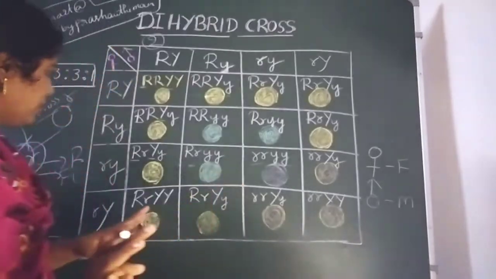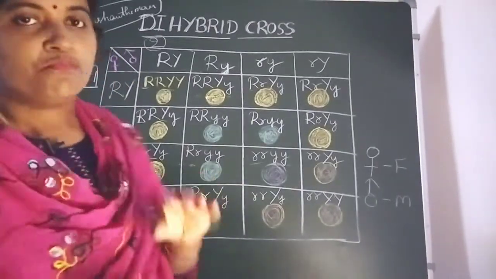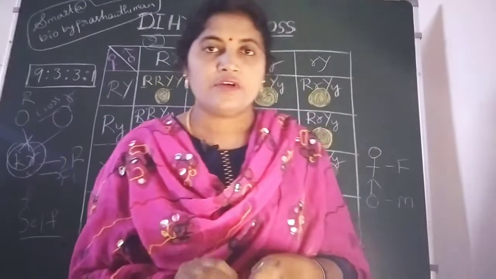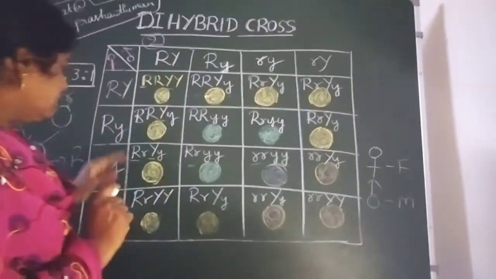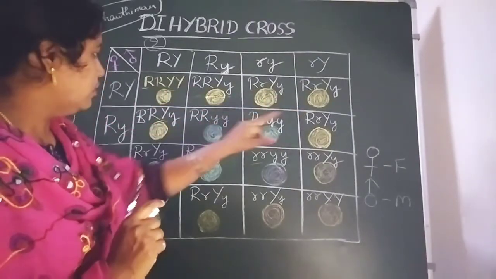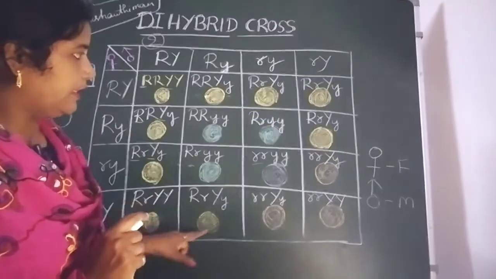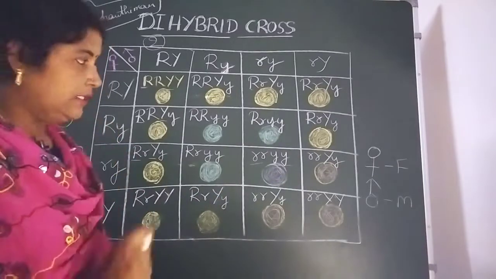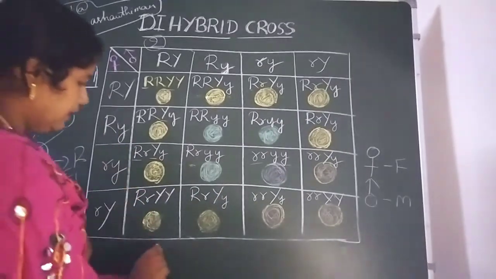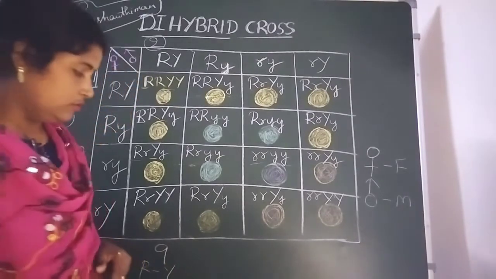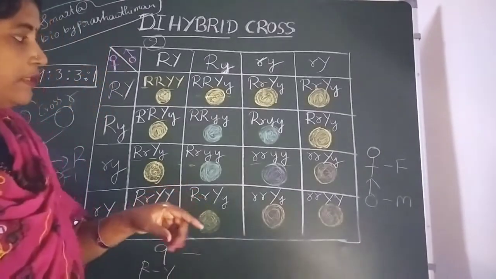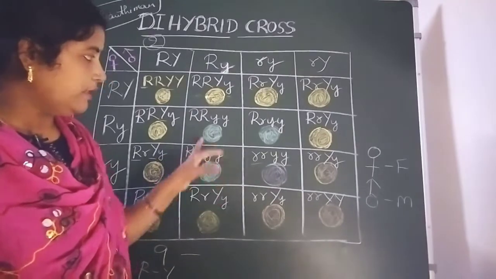So what are the characters we are getting here? Mainly 4. First one, round yellow. How many round yellows are there? 9. 1, 2, 3, 4, 5, 6, 7, 8, 9. 9 round yellows. And then how many round greens? 1, 2, 3.